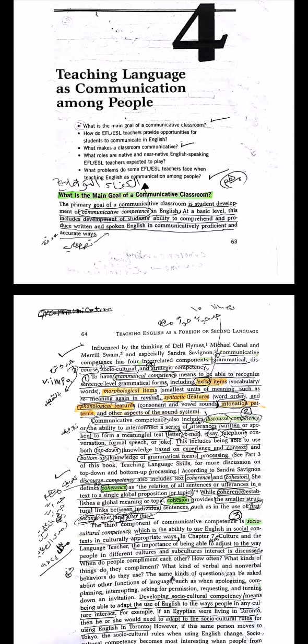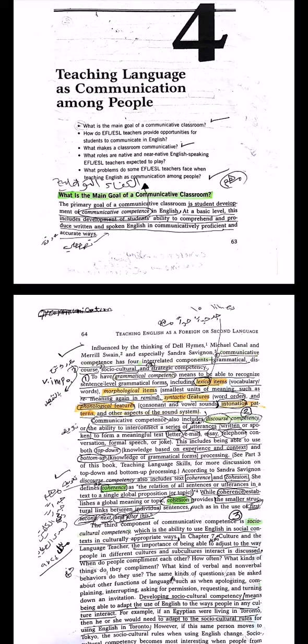Morphological items, smallest units of meaning such as re-, meaning again, remind. Syntactic features like word order, phonological features like consonant sound, intonation and other aspects. So grammatical means grammar.